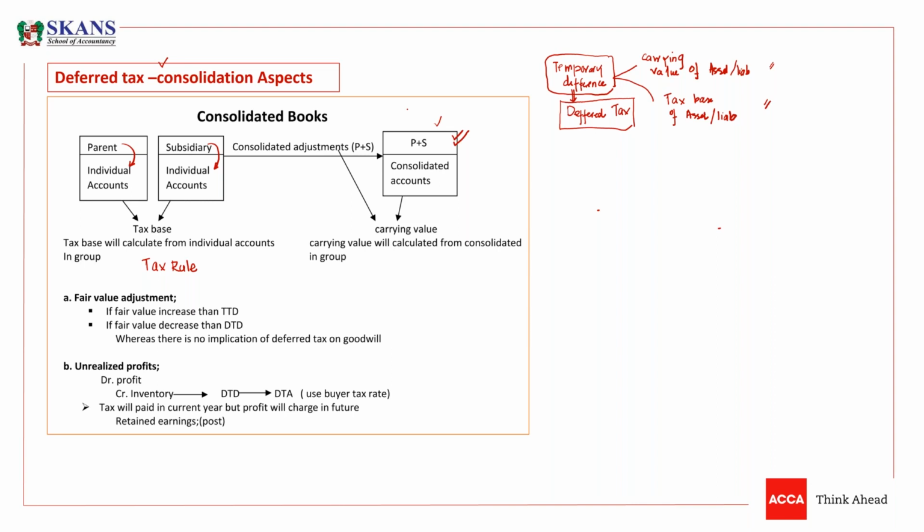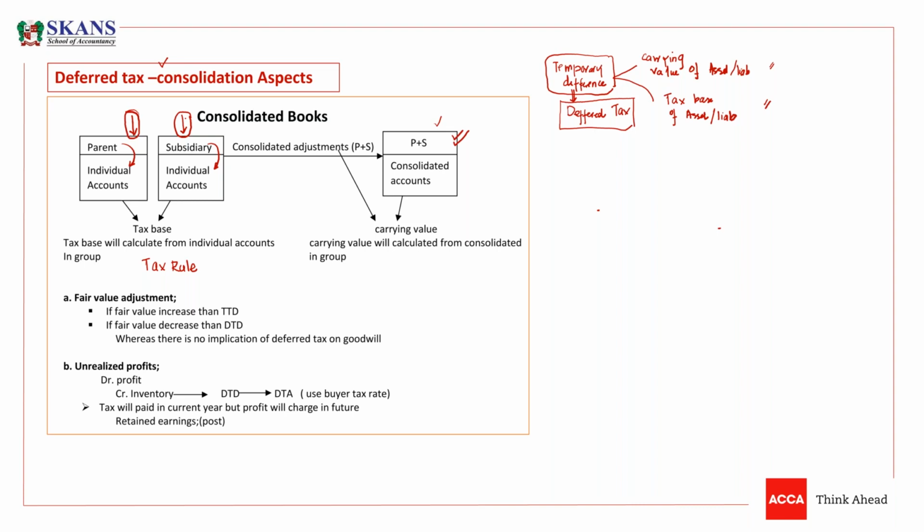So if parent is earning something from subsidiary, as per tax law, parent has to pay tax. If subsidiary is earning something from parent, as per law, subsidiary has to pay tax.